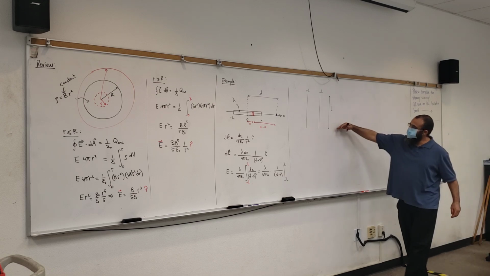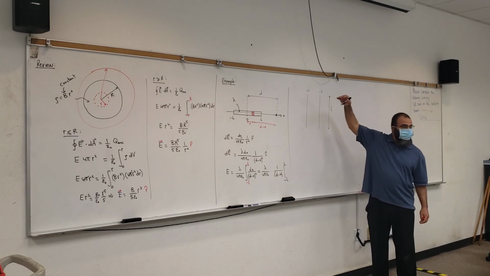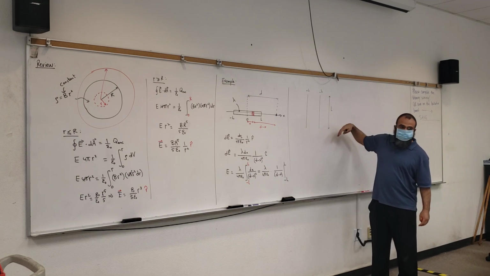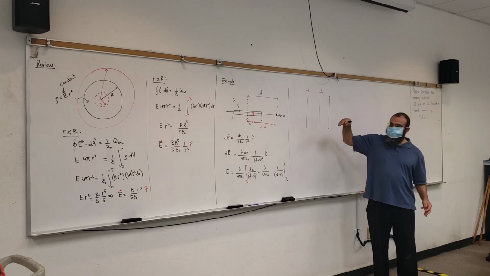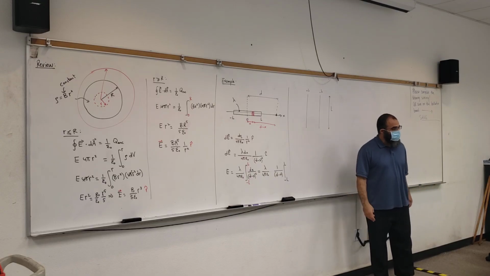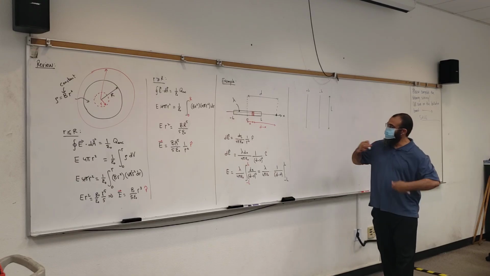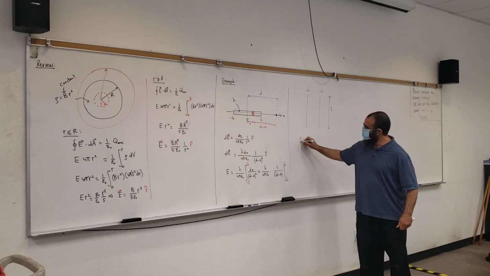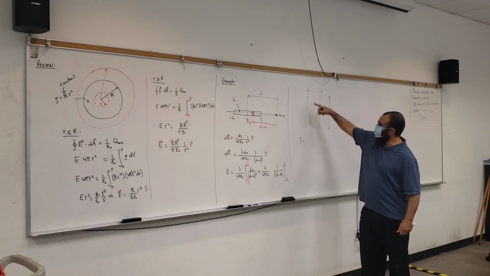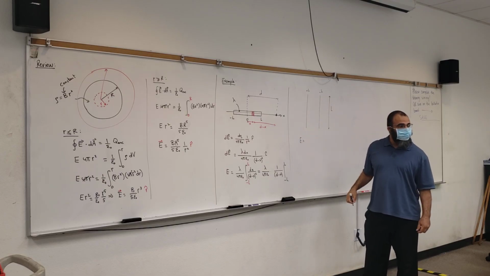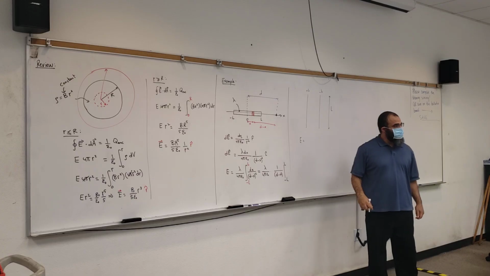I know that L is not infinite, right? But let's assume L is large enough that we can use the result for infinite charge density, for an infinite line. What was the electric field for an infinite line? If lambda and your distance r away, you have to look it up.